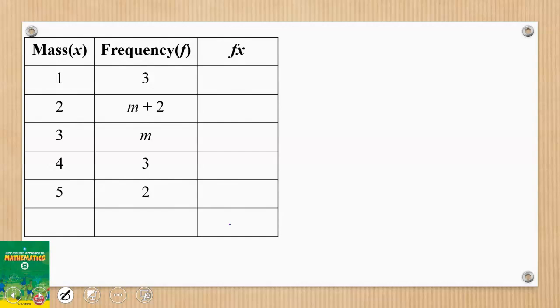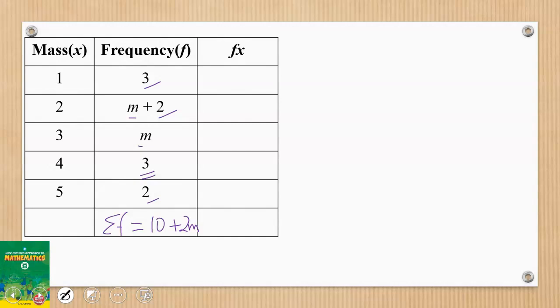Okay, and then for us to know the mode and the mean, we need to find the m. So what I can do here is that I know that total frequency can be equal to 3 plus 2 plus 3 again, making 8, then plus 2 making 10. So we're going to have 10 plus m, that is 2m. Good.